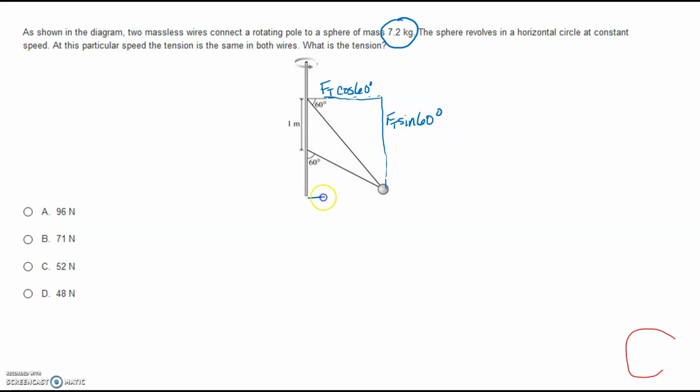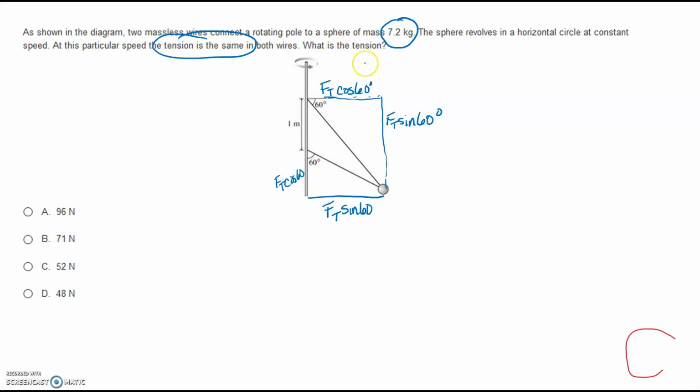And then I drew another triangle. And I said, this is going to be ft cosine 60. Okay, keep in mind, this 60 is in a different spot for this triangle. So, and this is ft sine 60. Now, tension is the same in both wires. It says right here.